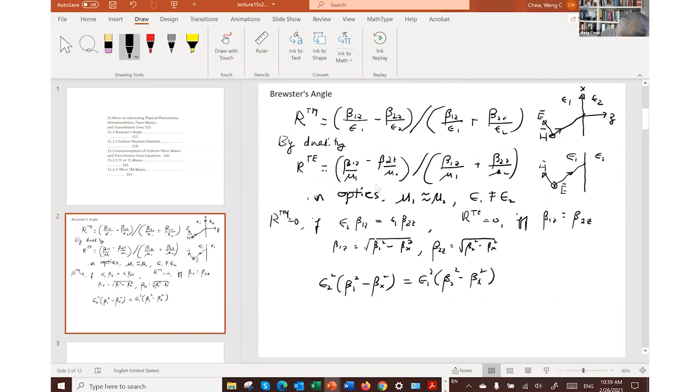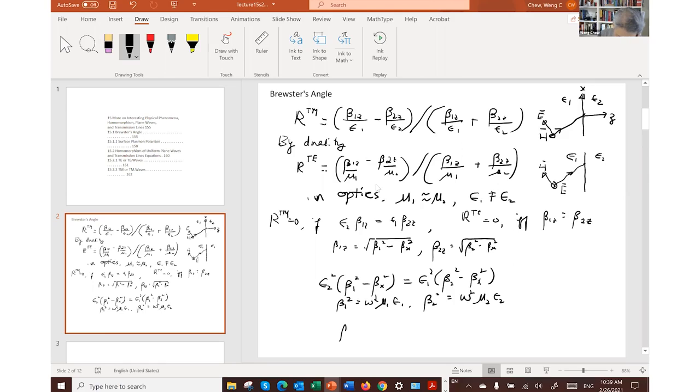You can make use of the fact that beta 1 squared is omega squared mu 1 epsilon 1. Beta 2 squared is the wave number squared in region 2, which is omega squared mu 2 epsilon 2. I will not solve it for you because this is high school algebra.